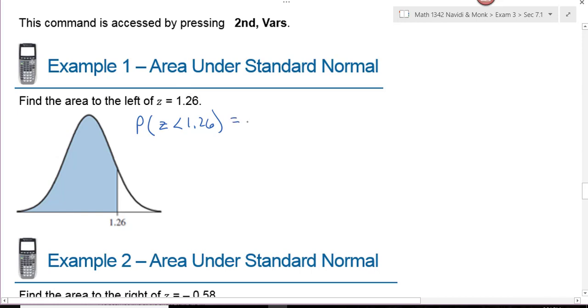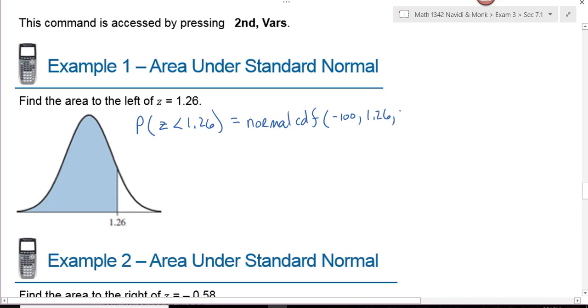In our calculators, we would go to the normal CDF and what would we use for our left bound? Looking at the shaded region, what's the leftmost part of this shaded region? It goes off to negative infinity, doesn't it? What did I tell you to use whenever this goes off to negative infinity? Negative 1,000. Or let's say negative 100. It'll work with 100. And then your right bound is the rightmost part of the shaded region, and that's going to be 1.26.